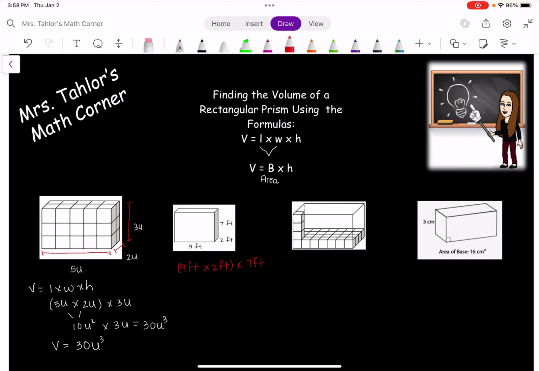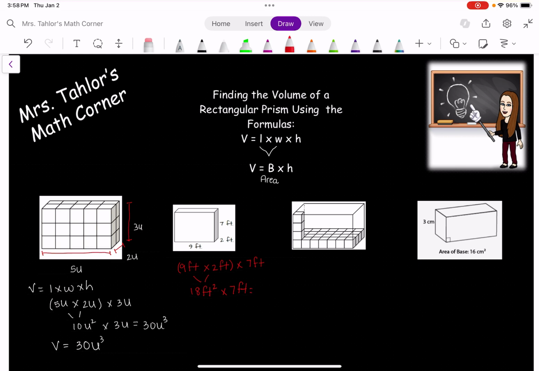I'll begin by multiplying my 9 feet times 2 feet, and that gives me 18 feet squared. Again, that's the same thing as base or area. It's two-dimensional. Now I multiply 18 feet squared times the height of 7 feet.